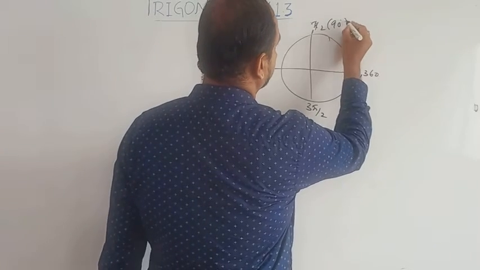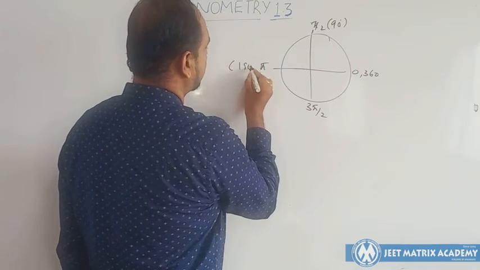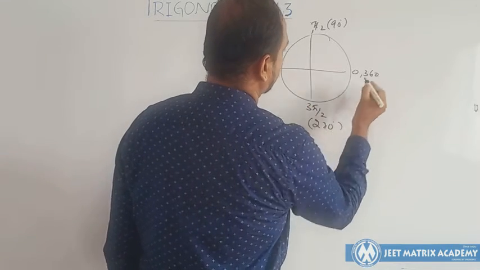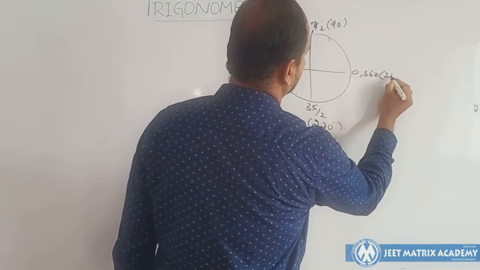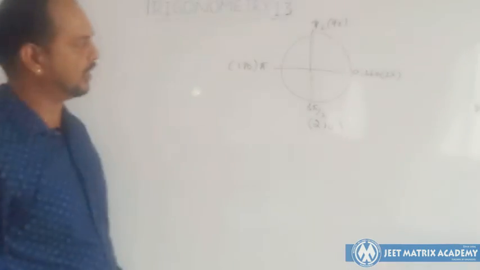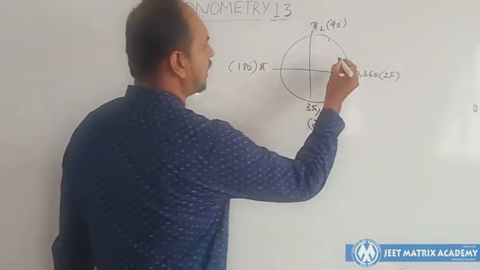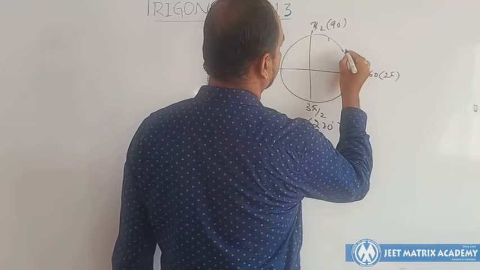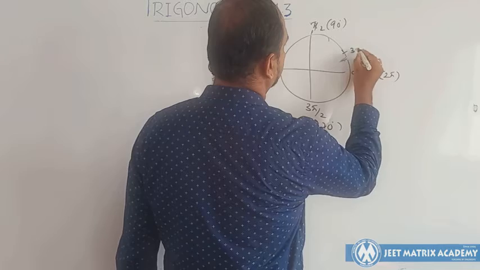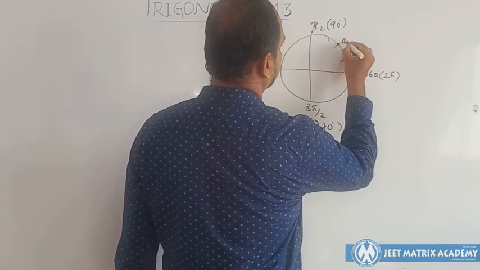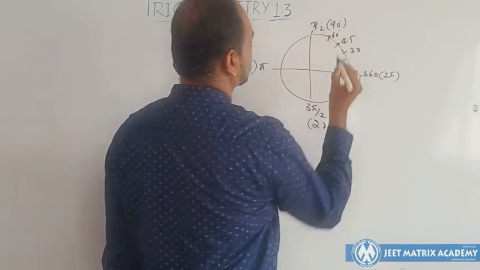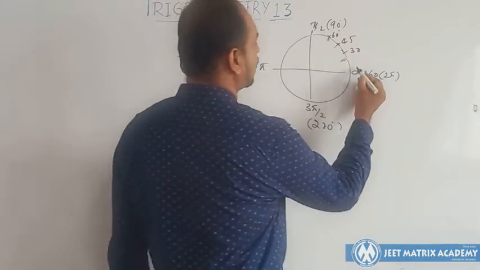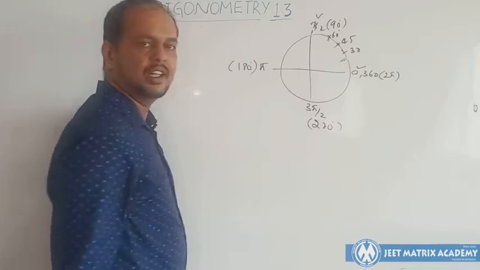Either I can say this is 90 degree, this is 180 degree, this is 270 degree, this is again 2 pi or 360 degree. In between we get 30 degree, 45 degree and 60 degree. Am I right? So we have seen 0 degree and 90 degree.